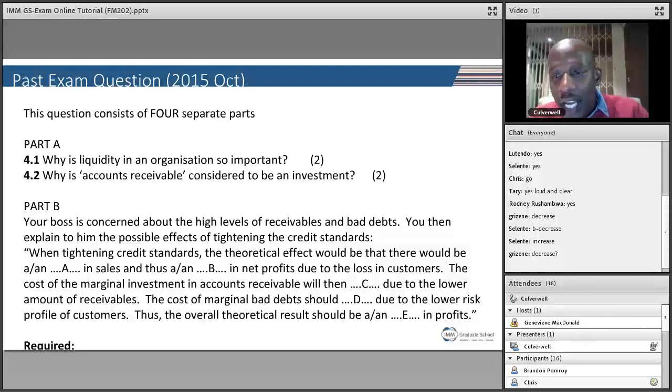So the minute we end up reducing the credit period, since sales volume has already decreased, we would also be expecting the amount of money being tied up in accounts receivables to decrease. So C will also be a decrease due to the lower amount of receivables, of course. The cost of marginal bad debts should dash, due to the lower risk profile of customers. What then should happen to the cost of marginal bad debts?